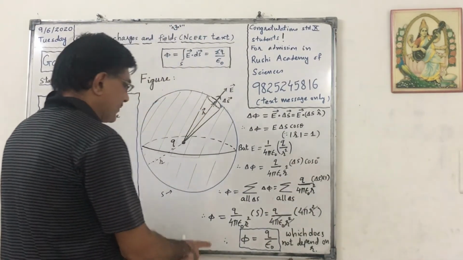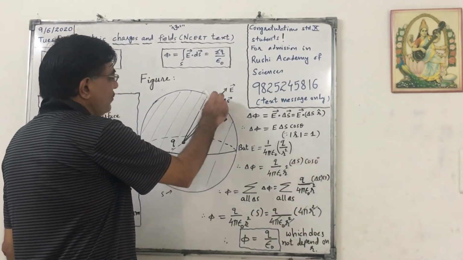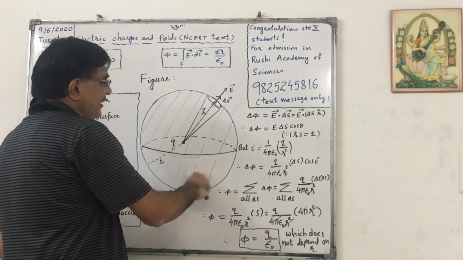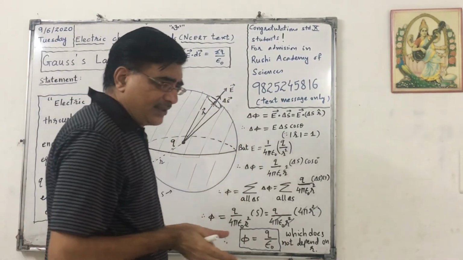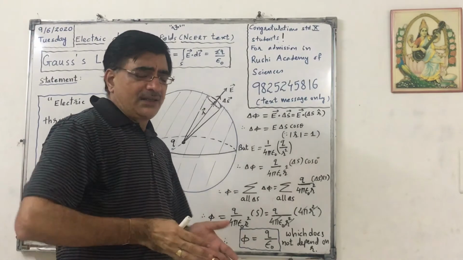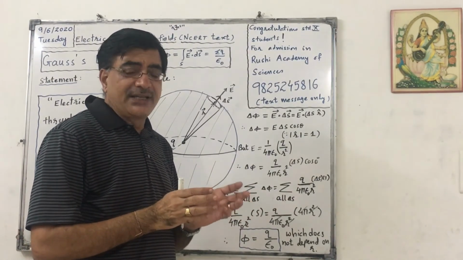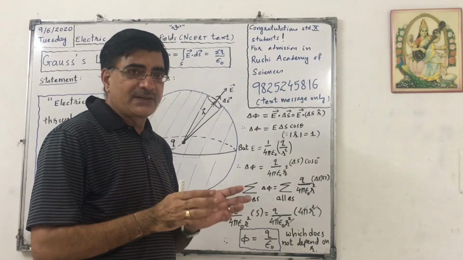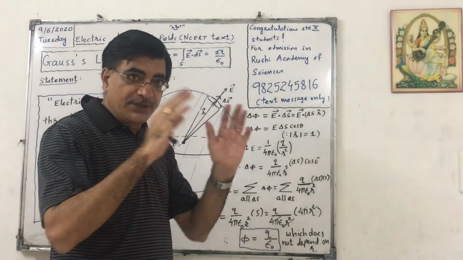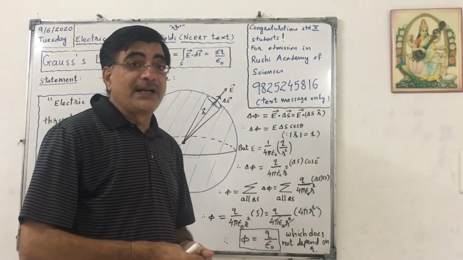We know that the summation of small surface elements means the area of a sphere, which will be equal to 4 pi r square.